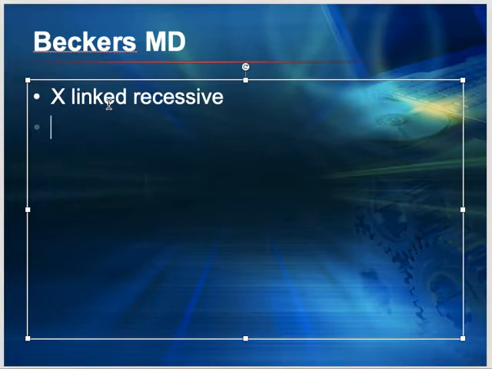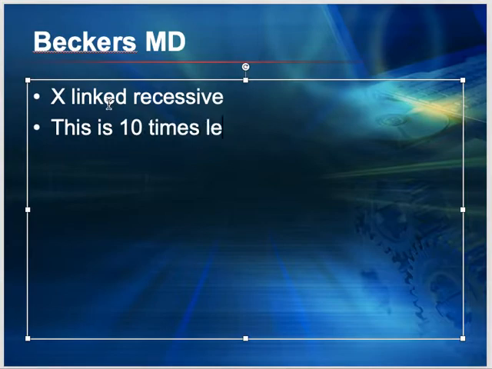First of all, this is 10 times less frequent, less common, you can say, than the Duchenne's one, right? So this is the first thing. This is 10 times less common.